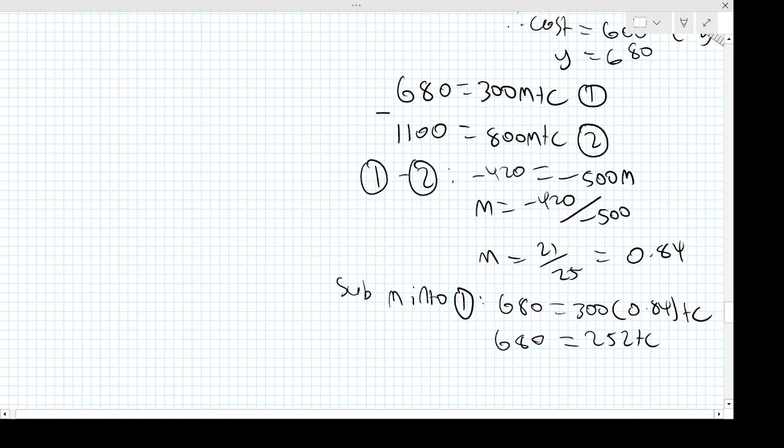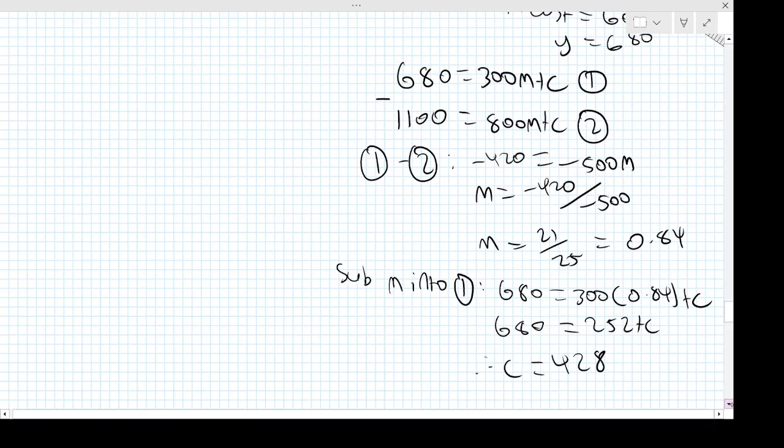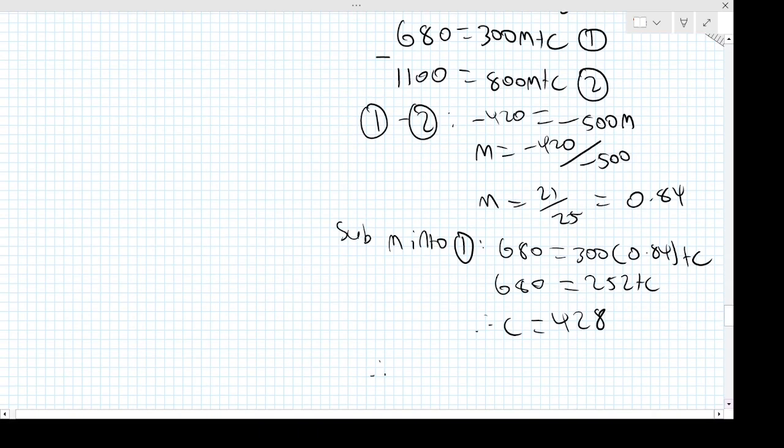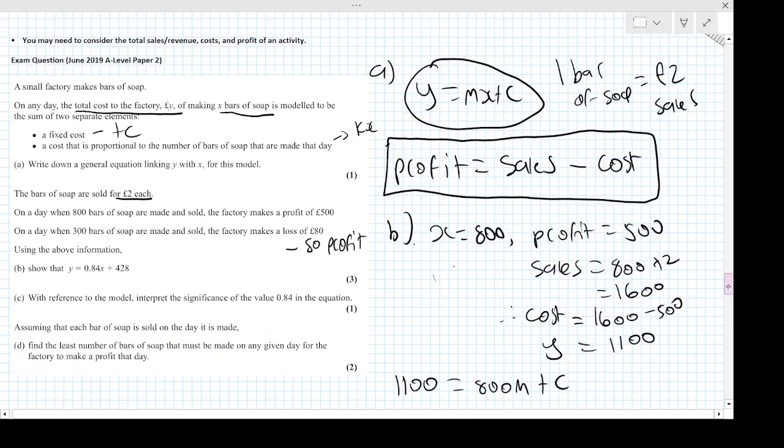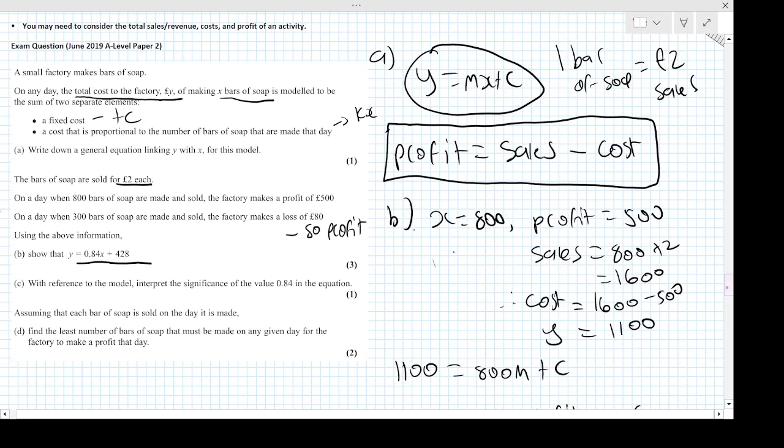Therefore c is 680 take away 252, and that'd be 428. Therefore, our equation, y is mx plus c, is y equals 0.84x plus 428. And there we are. We've got the equation I wanted.